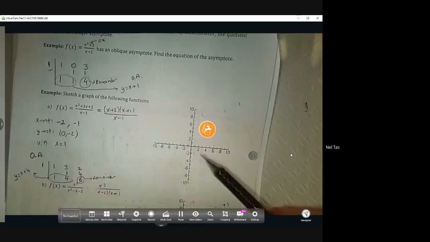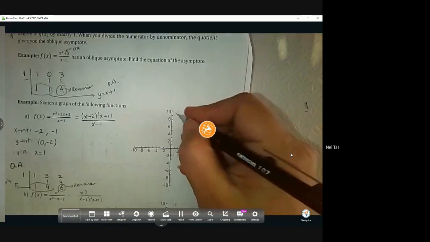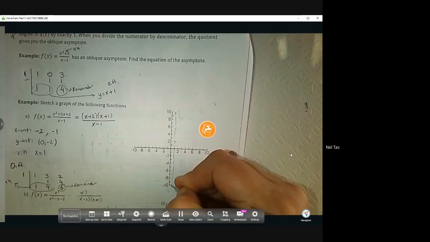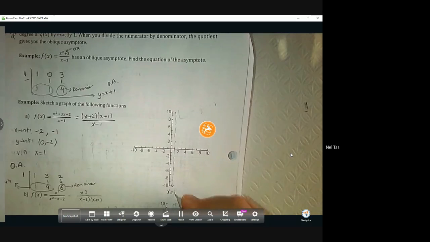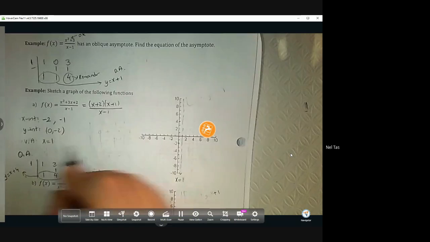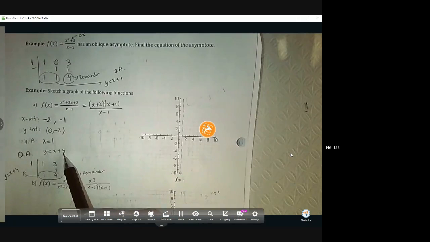Then we can place this information on the grid. We have a vertical asymptote at x equals 1. We have an oblique asymptote, which is y equals x plus 4. So we're going to sketch that one.